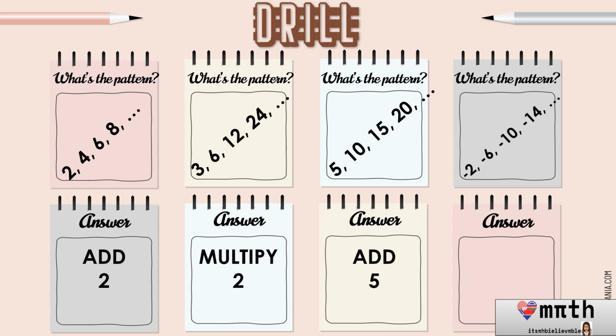For number 4, we have negative 2, negative 6, negative 10, and negative 14. The pattern is we just simply add negative 4 to get the next term. Did you get it?